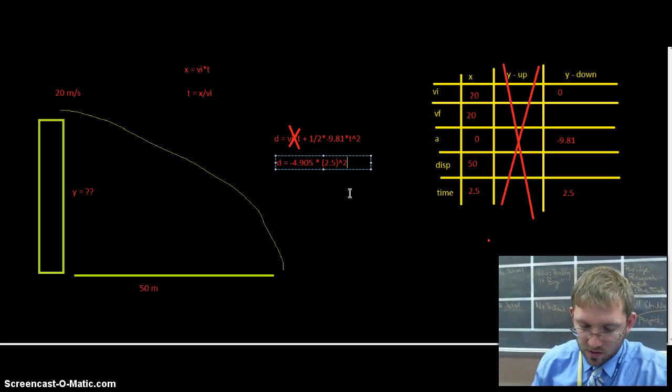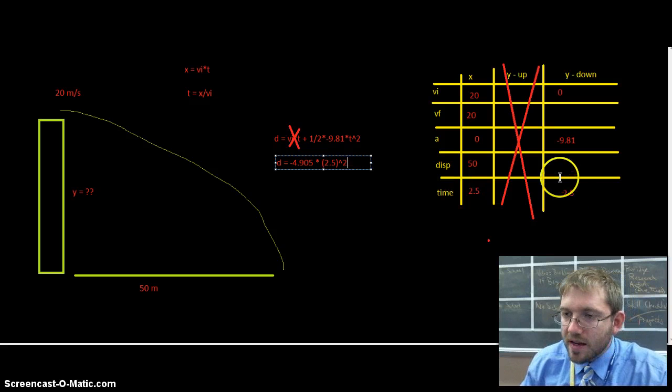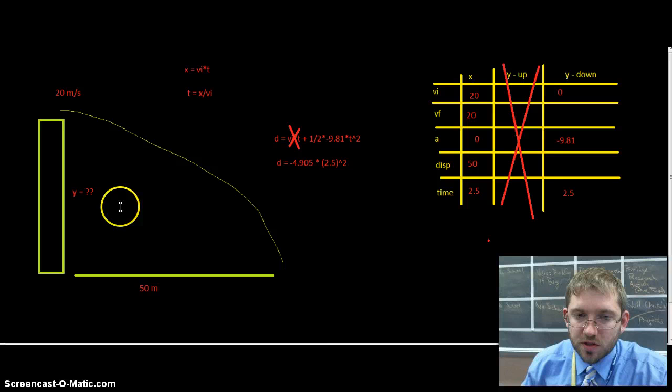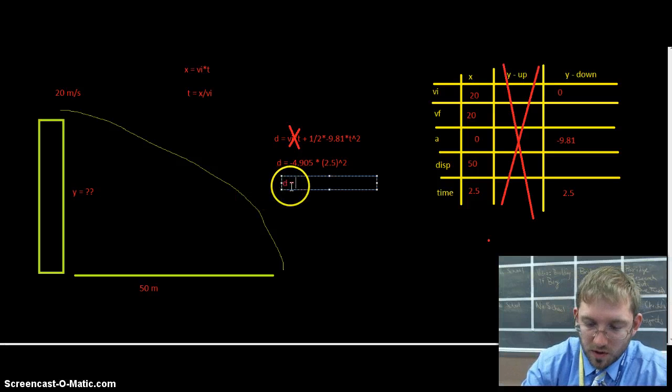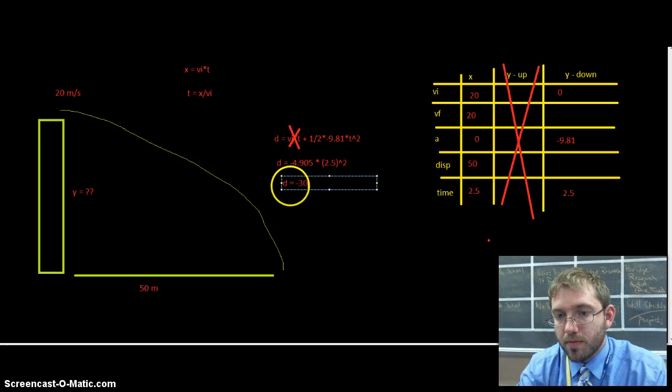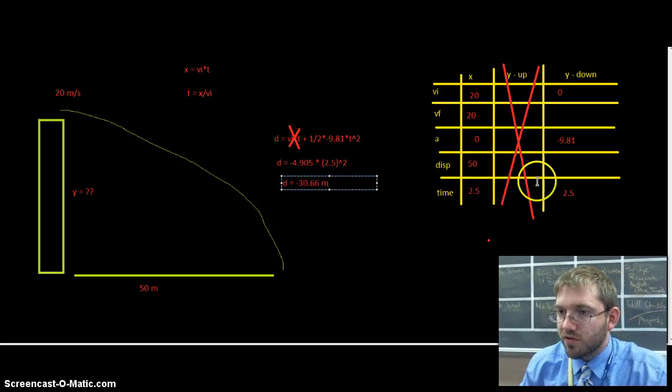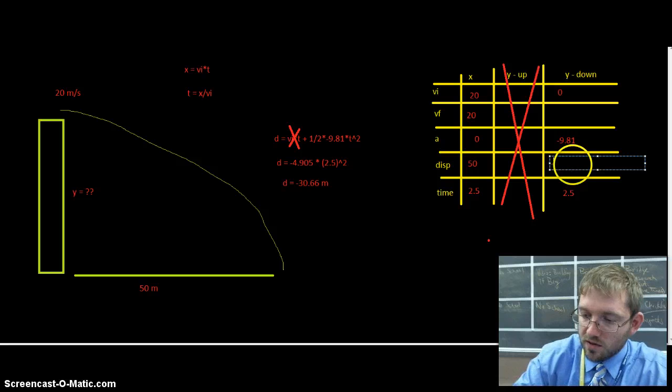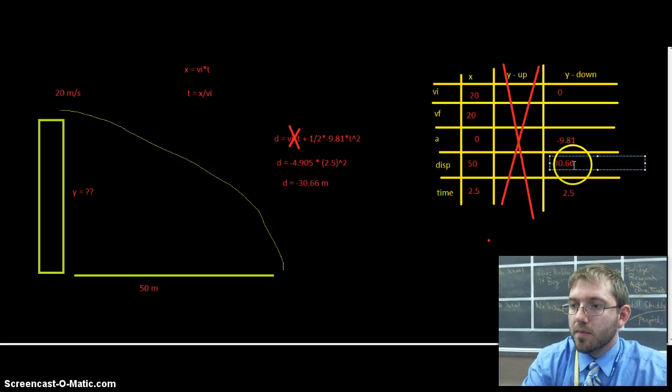That's how I do squareds here. So 2.5 squared times negative 4.905. I get a displacement in the y direction of negative 30.66 meters. So that would be a good rough guesstimation, negative 30.66 meters.